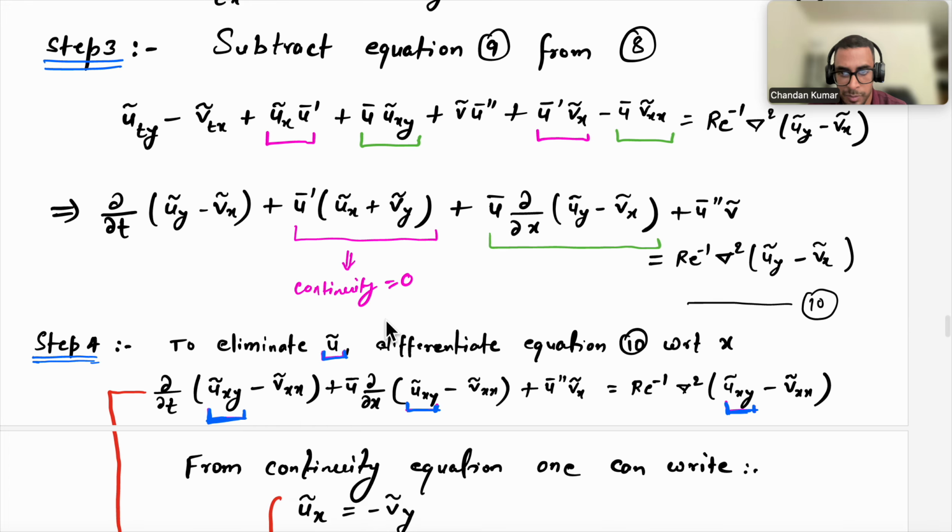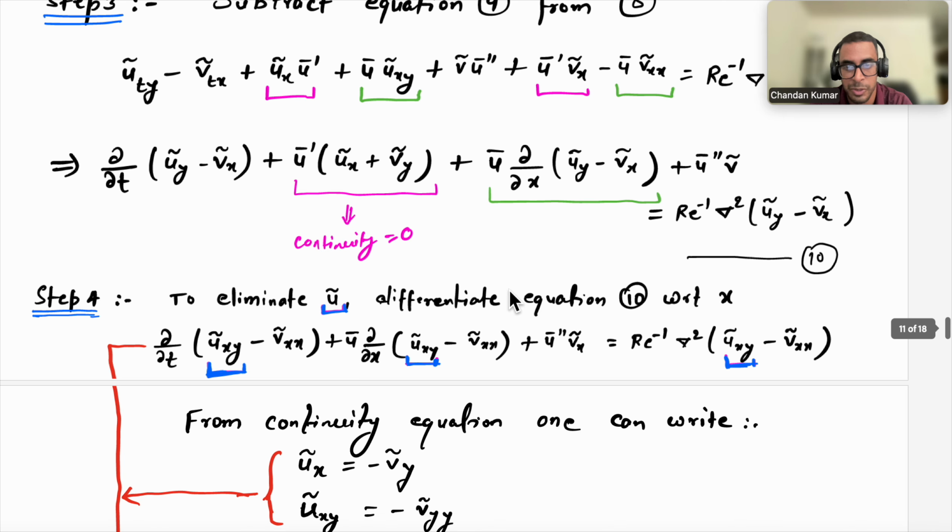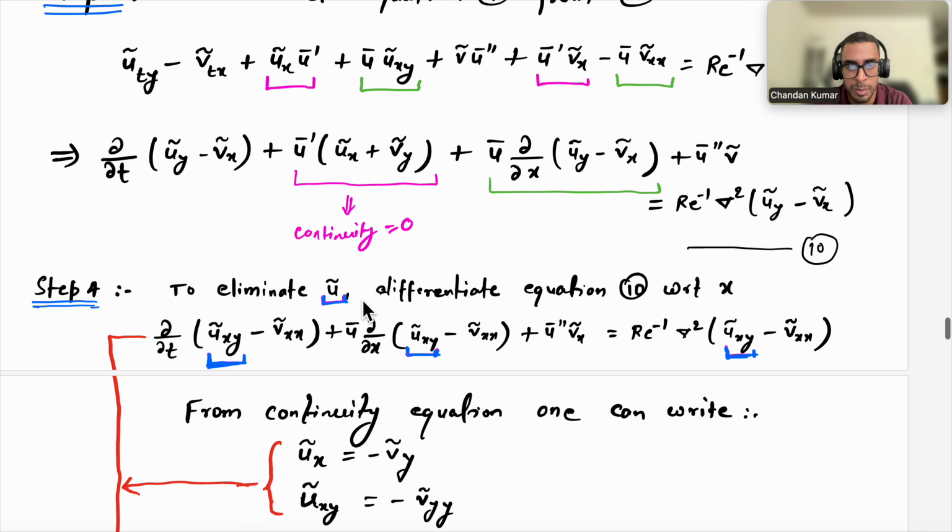And still we see in this equation there is the u perturbation that we don't want, so we want to eliminate this u perturbation somehow, so that we get an equation only in terms of v perturbation. For that we will do step 4, which is to eliminate the u perturbation.